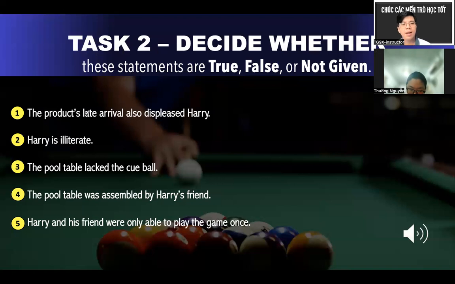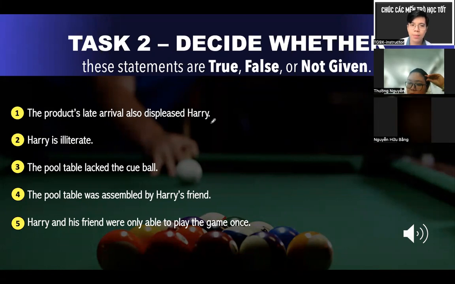The product's late arrival also displeased Harry. Harry is illiterate. The pool table lacked the cue ball. The pool table was assembled by Harry's friend.